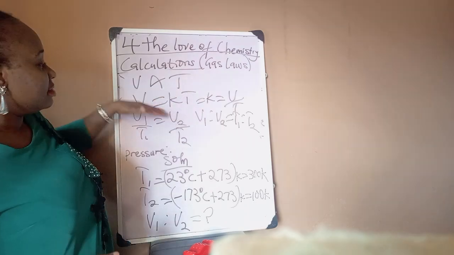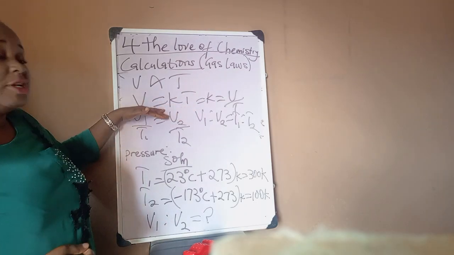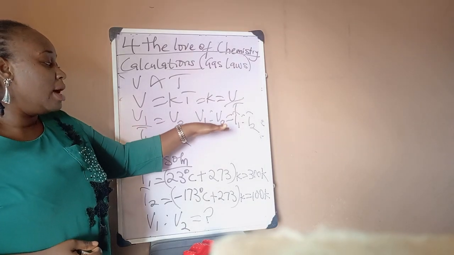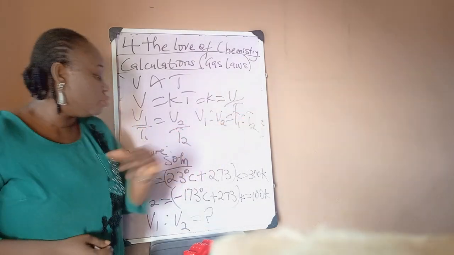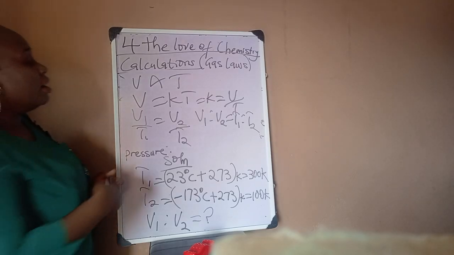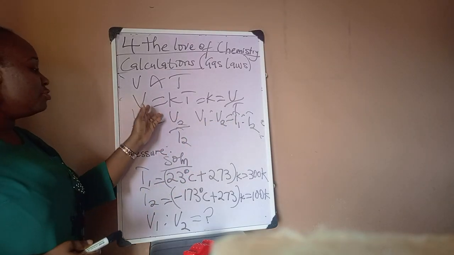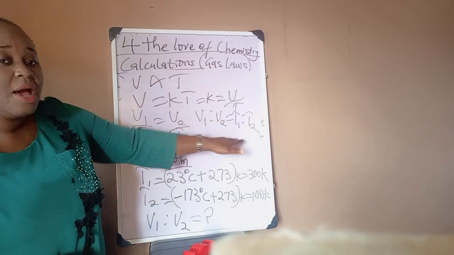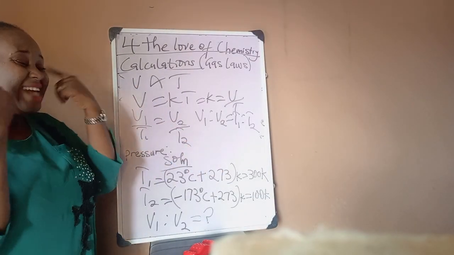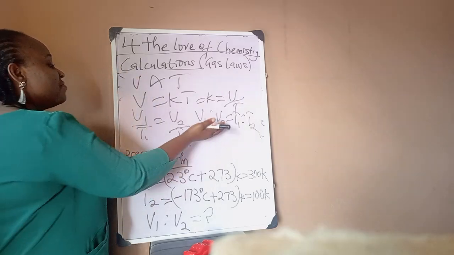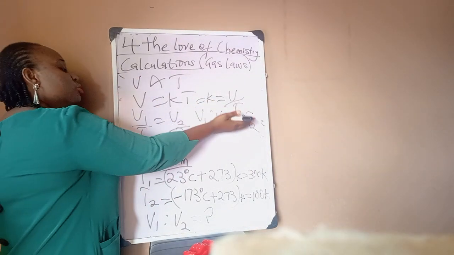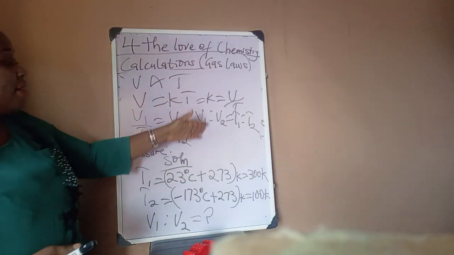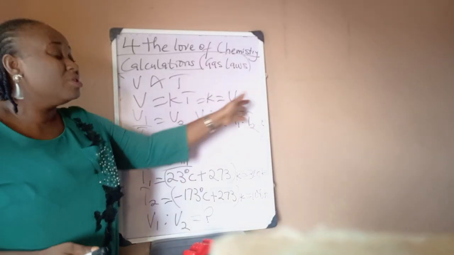Or if you are confused about this, you can still use the formula and go a long route and still end up with this. But remember, the law is a direct proportion. So if this is increasing, this will also increase. So V1 is to V2 equals T1 is to T2.